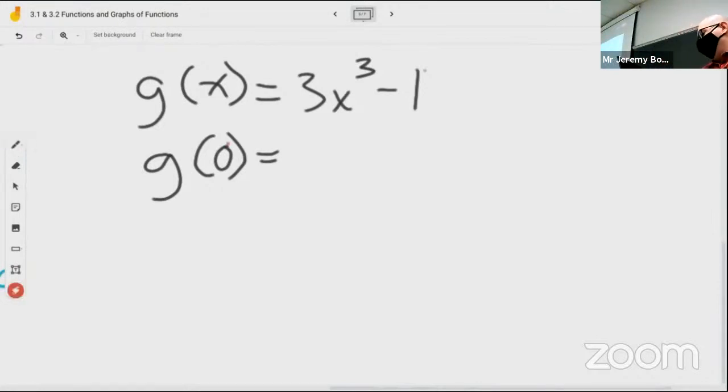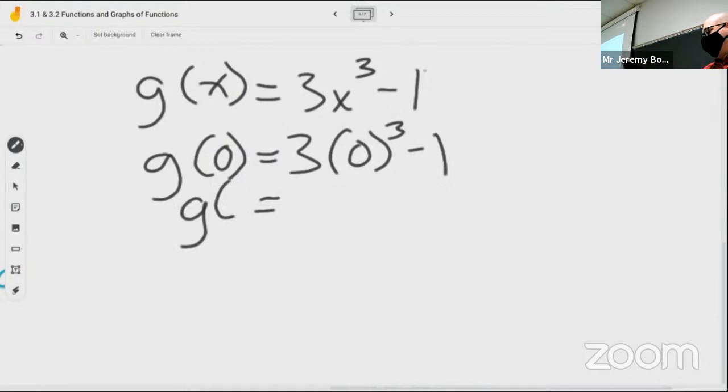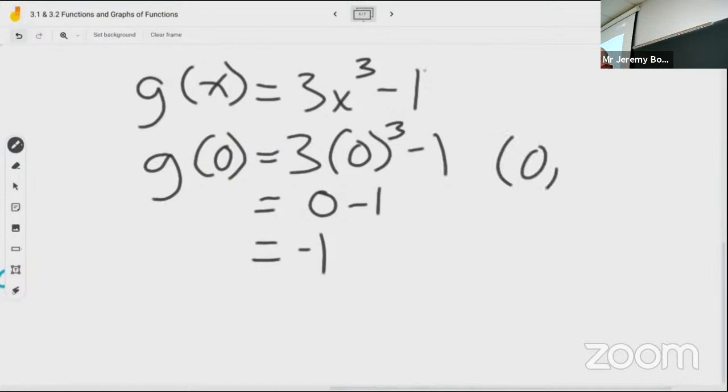You're going to substitute whatever you put here for the x. So this is going to be 3 times 0 to the third minus 1, which is going to equal 0 minus 1, which is equal to negative 1. So g of 0 is equal to negative 1. That means that function has a mapping from 0 to negative 1. Any questions on that?